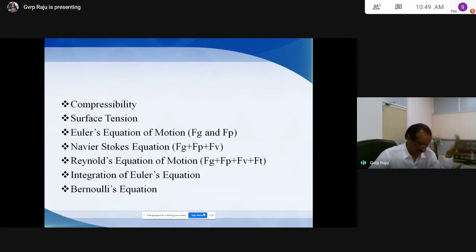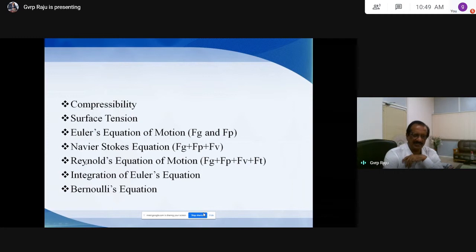That means we have neglected all the other forces: turbulent force, compressibility force, and surface tension force are neglected. We have taken only gravity force, pressure force, and force due to viscosity. If you arrive at an equation considering only those forces, that is called the Navier-Stokes equation.